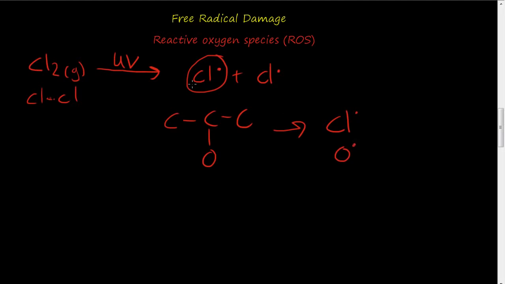So the free radicals perpetuate themselves. And so that's the problem: when you get free radicals in your body, they can continue perpetuating themselves, possibly indefinitely, if you don't have the right mechanisms in your body to stop that.